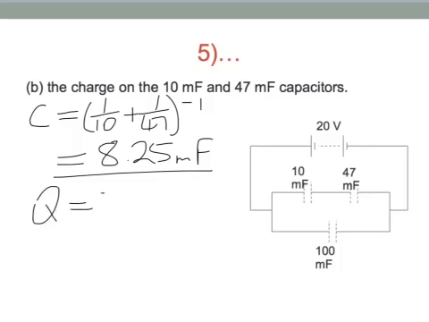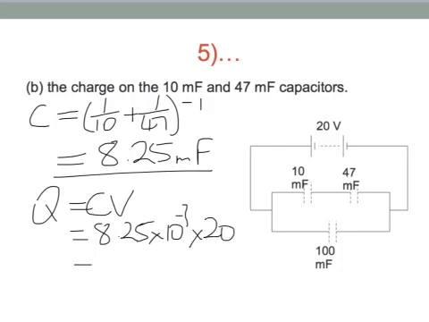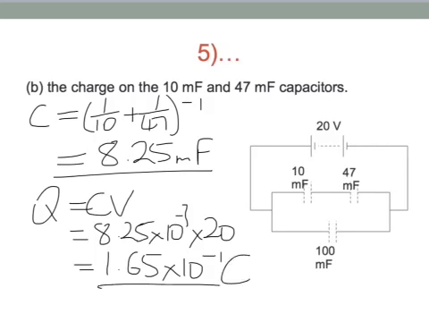So Q equals CV, where our C is this combined value, 8.25, and we're multiplying that by 10 to the negative 3 for the milli, and by 20 for the voltage. What does that give us? 1.65 times 10 to the negative 1 coulombs. Now, of course, that's the amount of charge on each of these two capacitors.